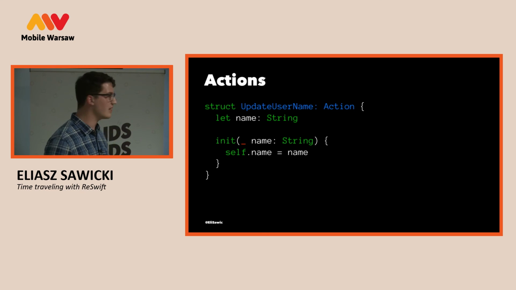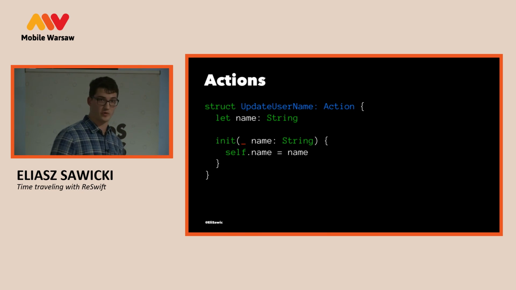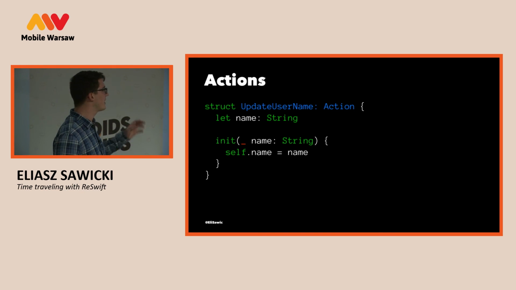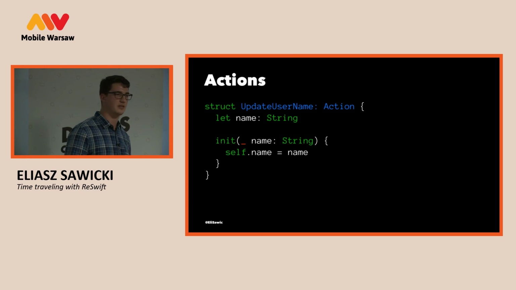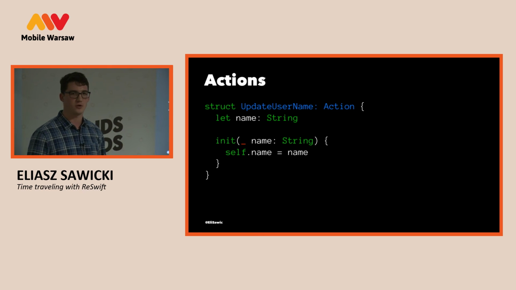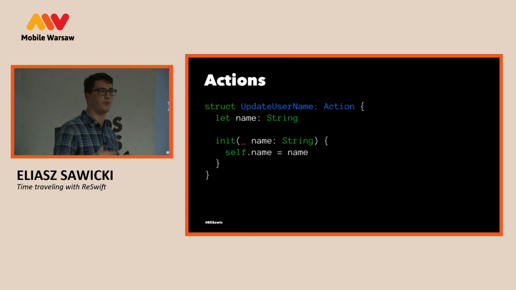Yes, I think that you're right. But let's think about, for example, recording actions. When you're using a recording store, it basically takes those actions and replays them again. It puts them one by one into the reducer, and the state is updated.